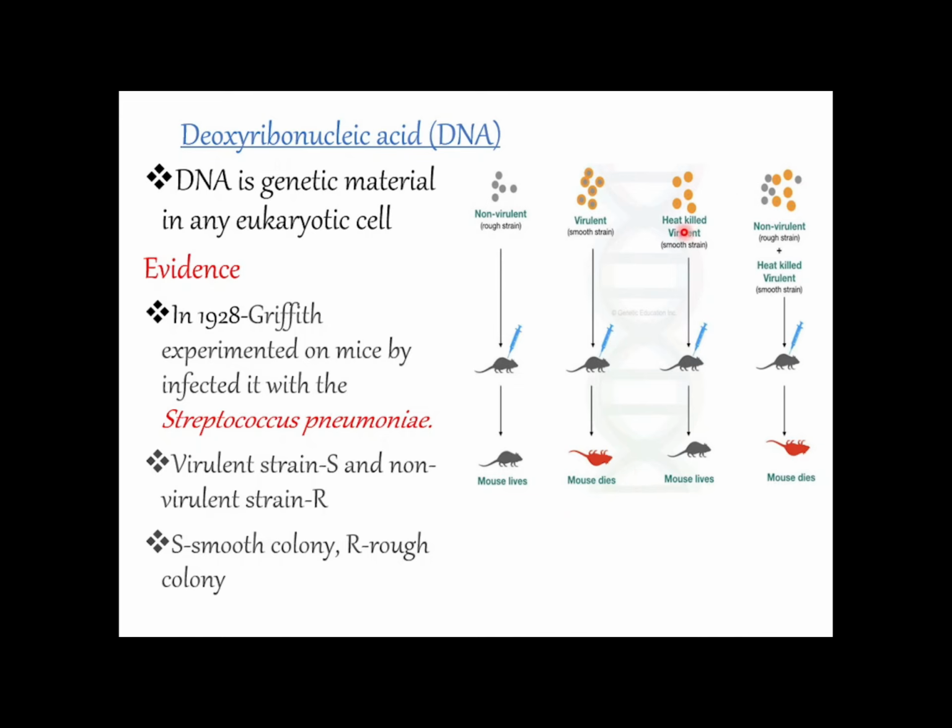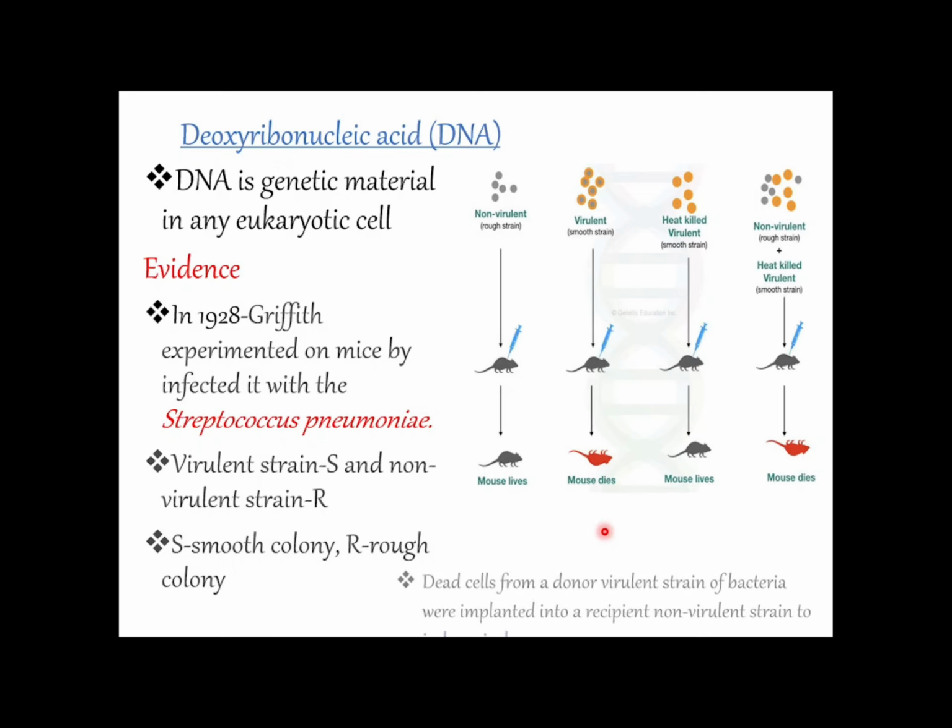Again, he used heat-killed virulent strain. He infected mice, but the mice survived. At the end, he took this heat-killed virulent strain and the non-virulent live rough strain and mixed them together. Then he infected mice, but the mice died. Mind you, with the virulent strain, mice die. With the non-virulent strain plus the heat-killed virulent strain, mice also die.